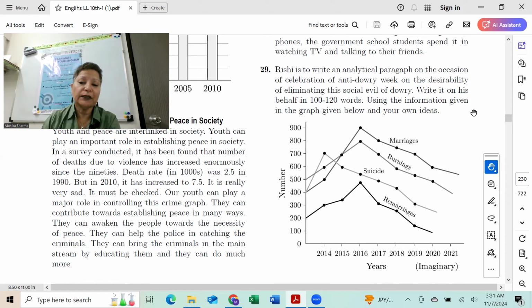The most alarming thing is that of the burnings which are happening, and these burnings would be happening only on account of dowry deaths. And this is in 2016, where the number of dowry deaths, burnings because of dowry deaths, has gone up to 800, and which has now again considerably gone down.